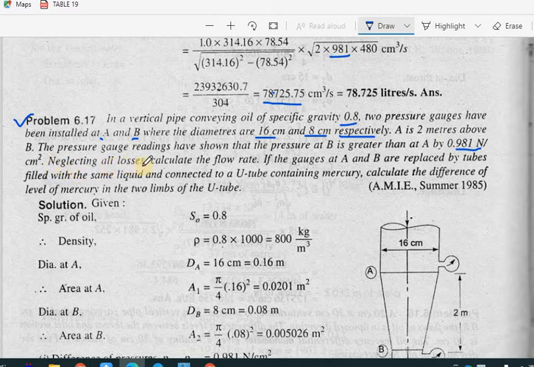Neglecting all the losses, calculate the flow rate. So flow rate is nothing but the discharge. We need to calculate the discharge.